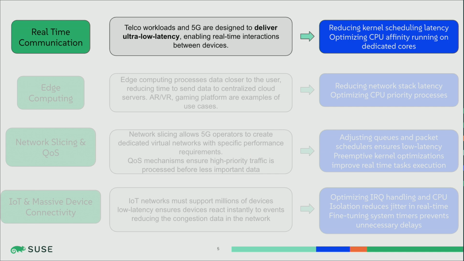So this enables real-time interactions between devices. Low-latency kernel configurations obviously play a key role in this, ensuring the packet processing, scheduling, and network stack operations happen with minimal delays. We'll discuss how we can accomplish this by reducing kernel scheduling latency and optimizing CPU affinity, running on dedicated cores.